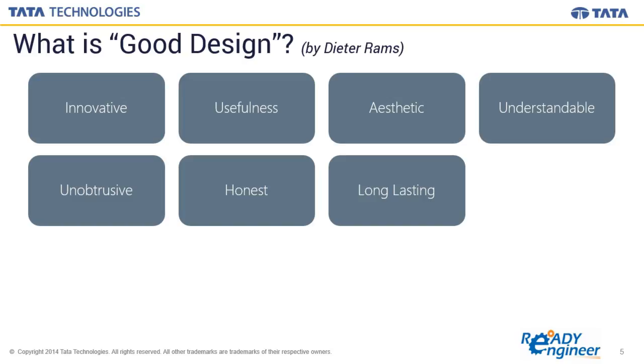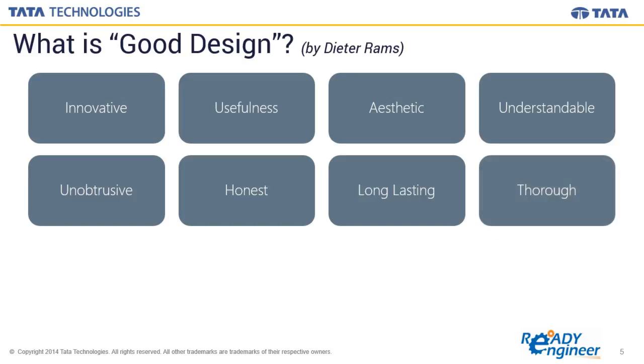The shape or the design itself tells you this is a Beetle. Even the new Beetle carries the same DNA from the old one, and without telling the customer that this is a new Beetle, people look at it and understand this is a new Beetle. So that's a long-lasting design.